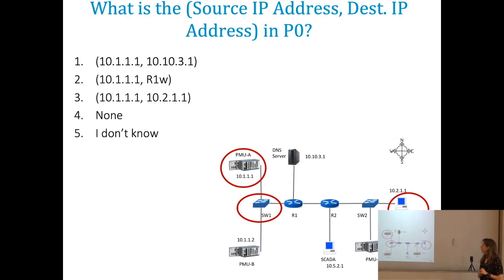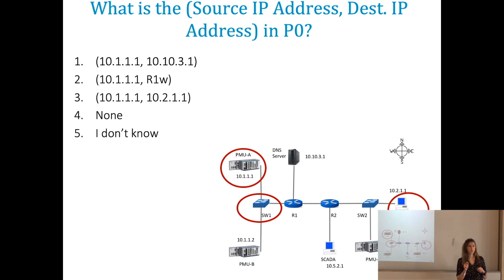And what would be the source IP address and destination IP address at this packet? So we are at switch 1 before the router, and we are sending from PMUA to the DNS server. What would be the source and destination IP address? So do you think it is the source of PMUA and the destination of the DNS server?